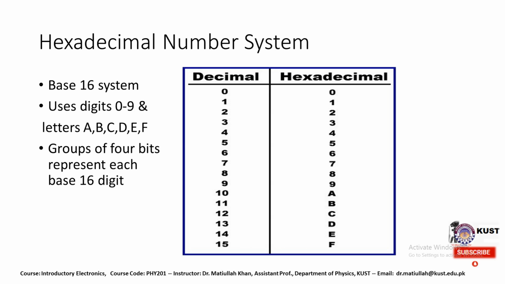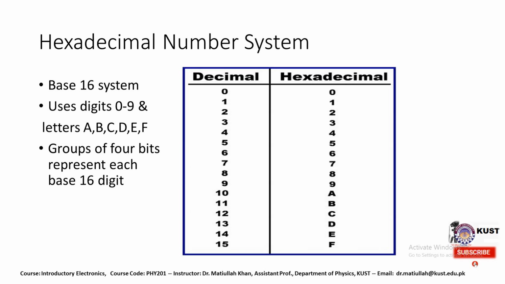If we look at this table, the hexadecimal equivalent for 10 is A, for 11 is B, for 12 is C, for 13 is D, for 14 is E, and for 15 is F. That is the hexadecimal equivalent of the decimal numbers.